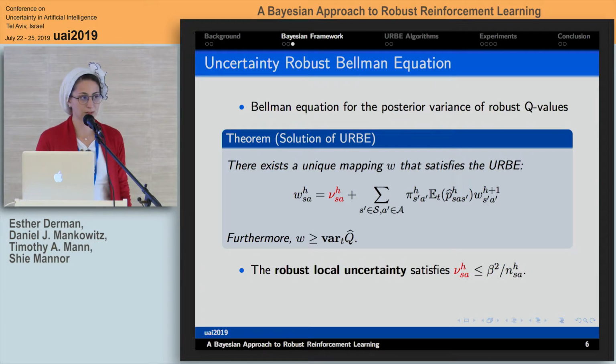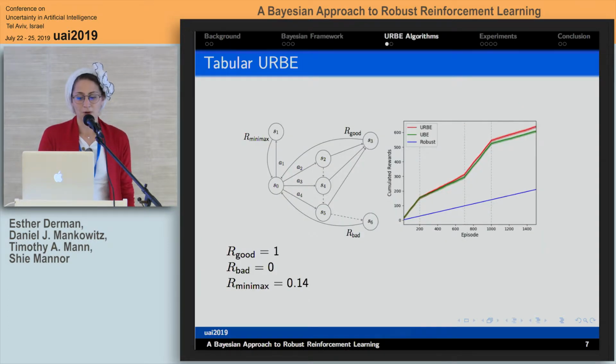So to start with a simple MDP, we have an agent that starts at S0, and it could choose one of 4 actions. If it chooses action A1, it gets a deterministic reward of 0.14. And if it chooses one of the other actions, it can get a high reward, but it is also subject to adversarial transitions.